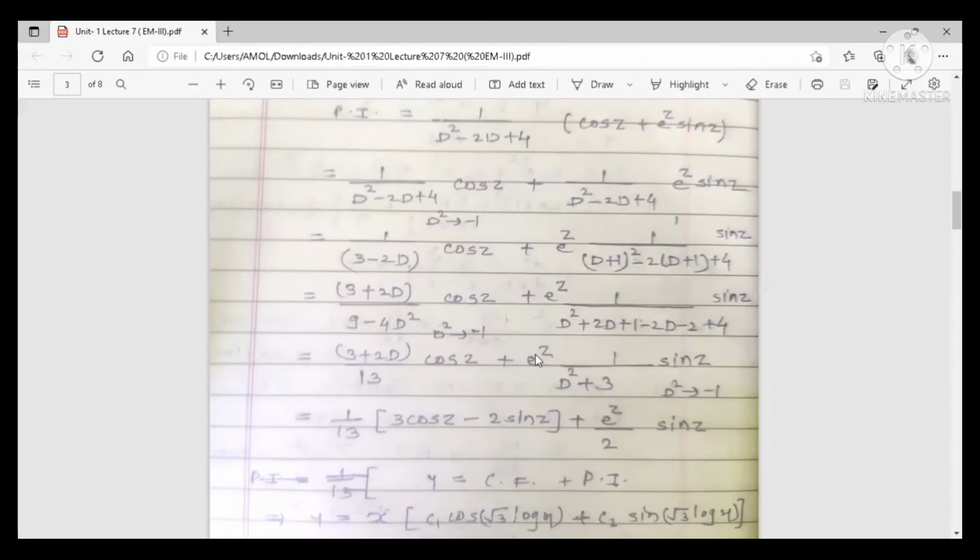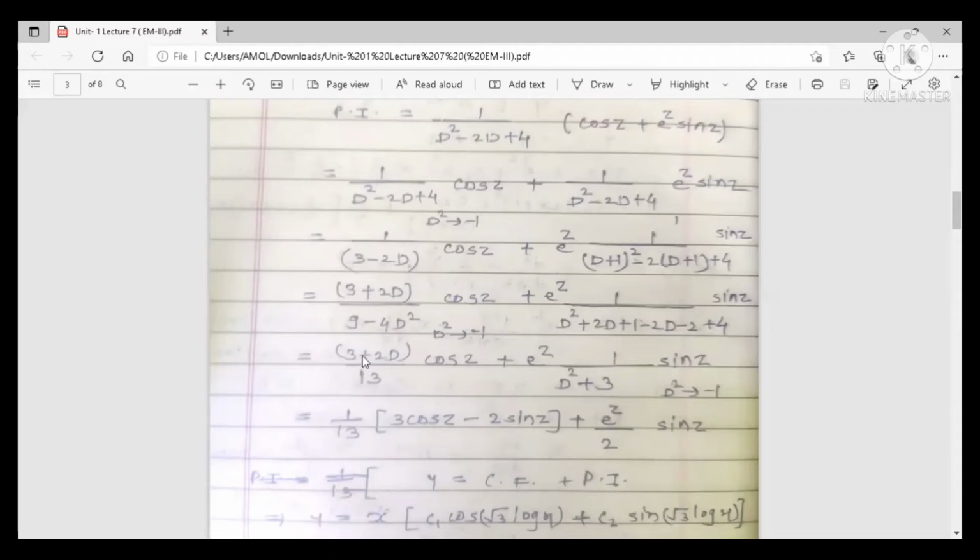Plus e raised to z; its work is over, so it stays as it is. Now simplify the denominator: d square plus 2d minus 2d, the 2d terms cancel. 4 plus 1 is 5, 5 minus 2 is 3. So it is 1 upon d square plus 3 into sin z. Now 1 upon 13 is a constant, so take it as it is.